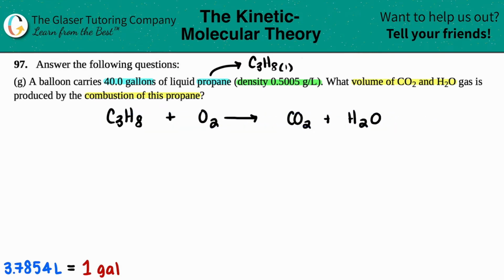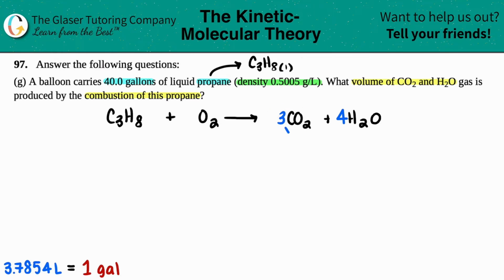Now, you could pause the video to try to balance this formula by yourself. I'm just going to run through it because we've done tons of balancing questions. With combustion, it's easiest to start with the carbons first. I have 3, and only 1 here, so I'm going to put a 3 here. Go with the hydrogens next. There were 8 hydrogens on the left side, and only 2 here, so 4 times 2 is 8. And then tally up your total oxygen.